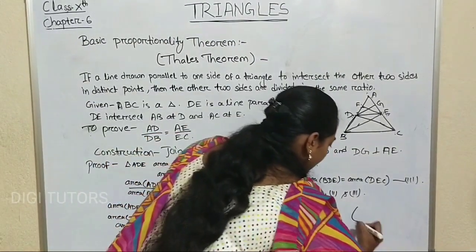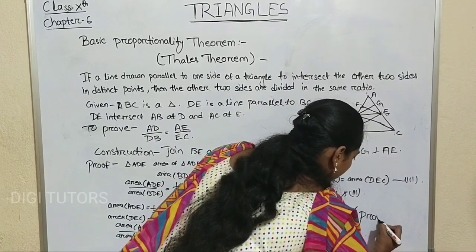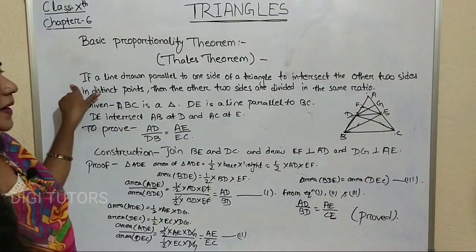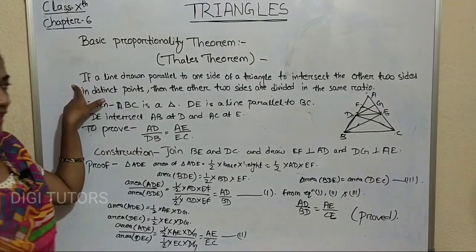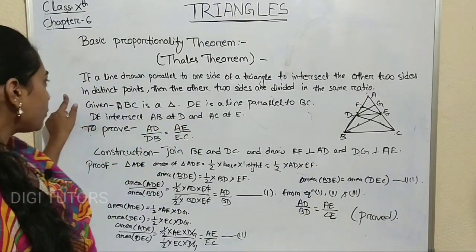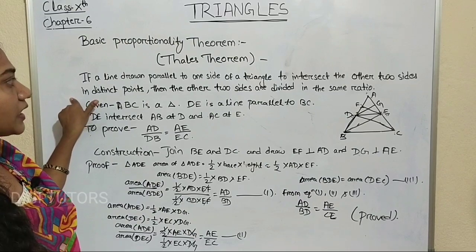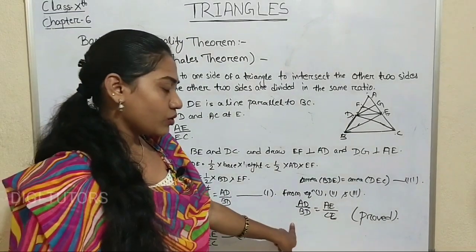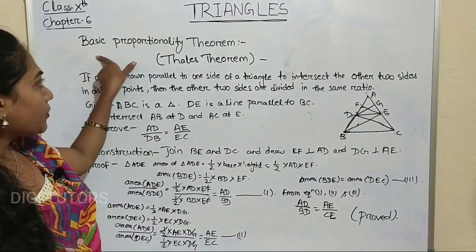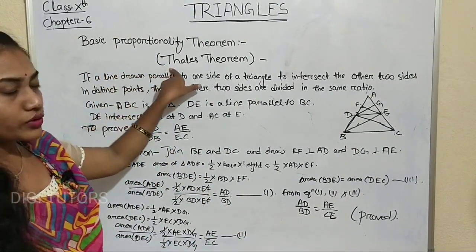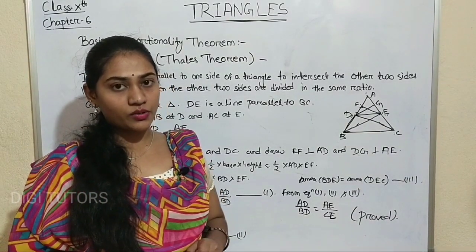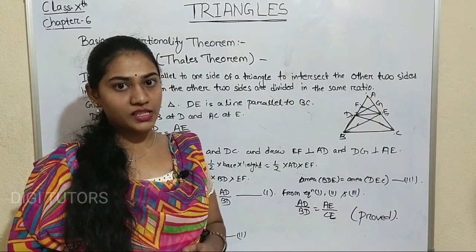So this is proved: if a line is drawn parallel to one side of a triangle to intersect the other two sides at distinct points, then the other two sides are divided in the same ratio, which is known as the basic proportionality theorem, also known as Thales theorem. In the next class we will discuss the converse of the basic proportionality theorem.